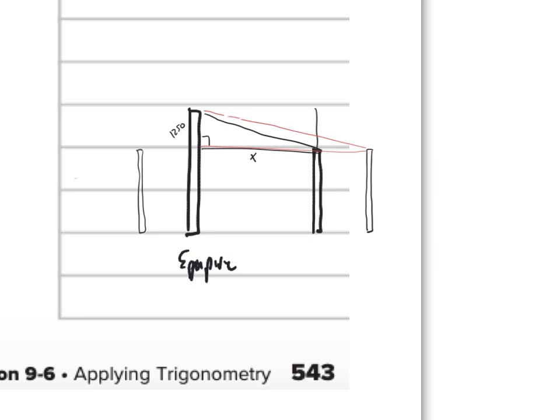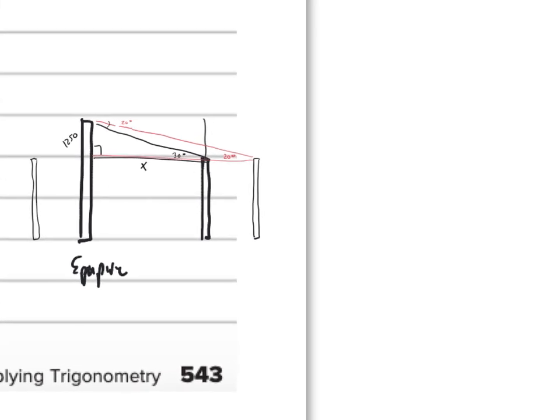So the angle of depression is 20 degrees for this one. The angle of depression for this one would have been 30 degrees. So we're trying to figure out how far apart they are. I have 2 right triangles to work with.